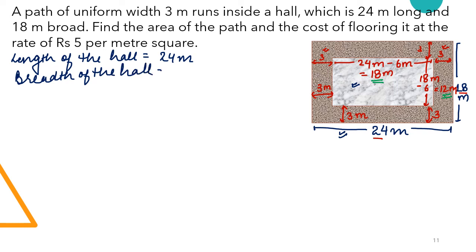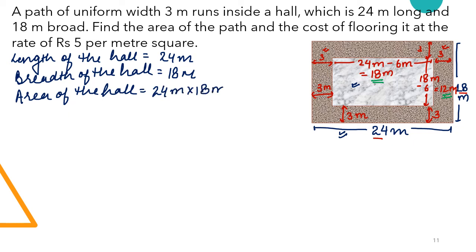So area of the hall will be length into breadth, that is 24 into 18 meter. When you multiply 24 by 18, you will get 432 meter square. Therefore, area of the hall is 432 meter square.